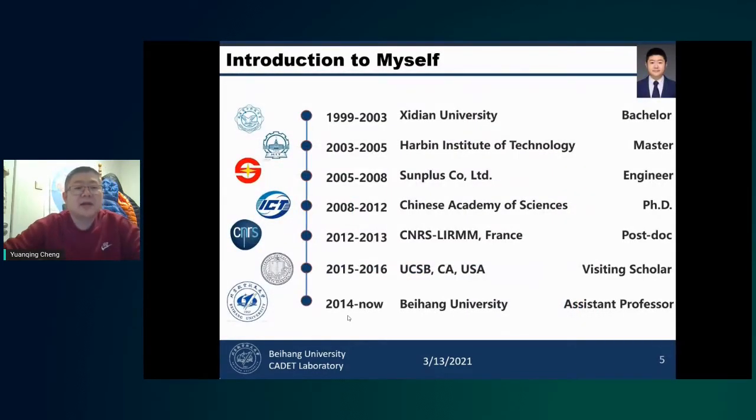Now, I would like to introduce myself briefly. I got my PhD degree from CAS, China, and then spent my postdoc research in France, and also I visited UCSB as a visiting scholar during 2015 and 2016. Now, I'm an assistant professor in Beihang University.